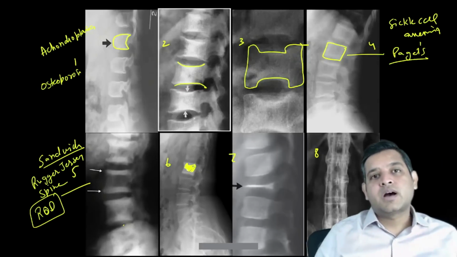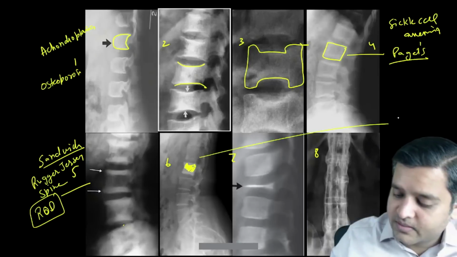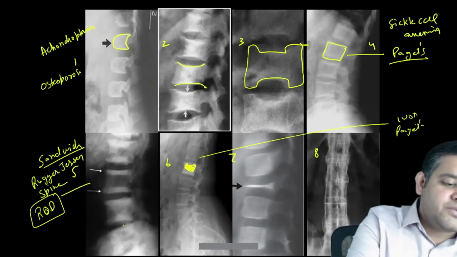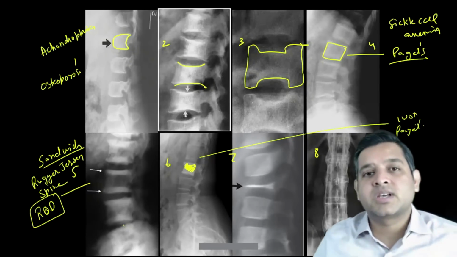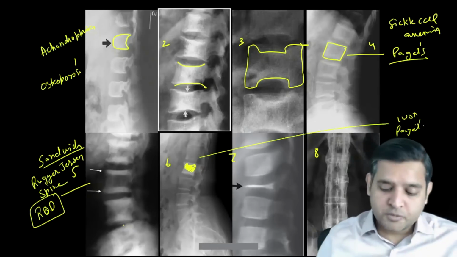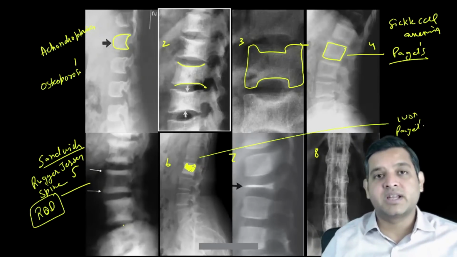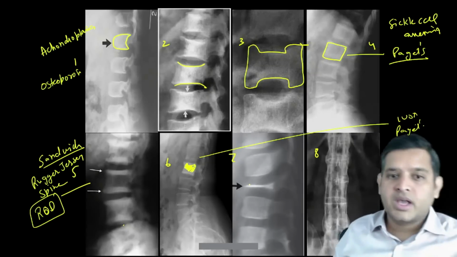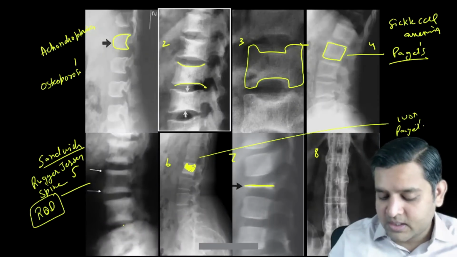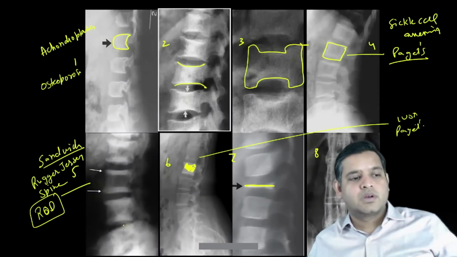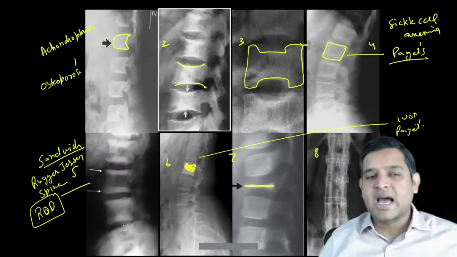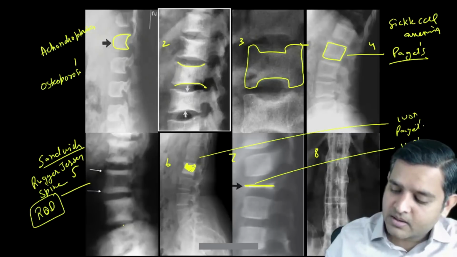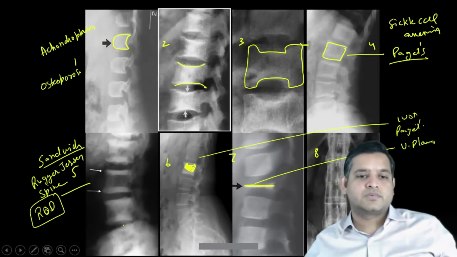Ivory vertebra, seen in Paget's disease. So Paget's can show you picture frame, Paget's can show you ivory. Both picture frame and ivory can be seen in Paget's. If one vertebra is collapsed, this is called a solitary collapsed vertebra, which is vertebra plana.